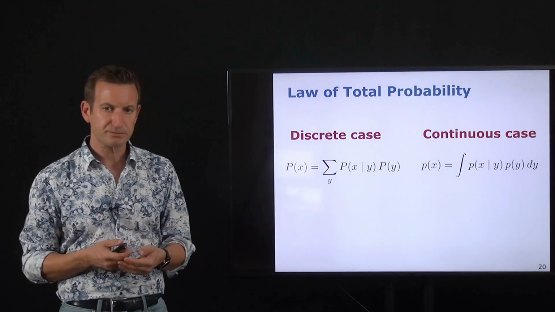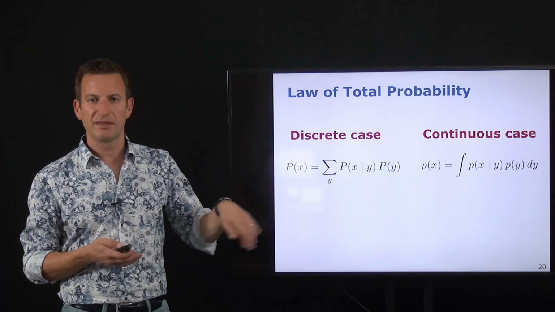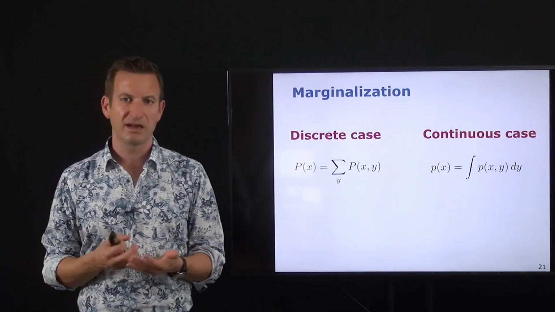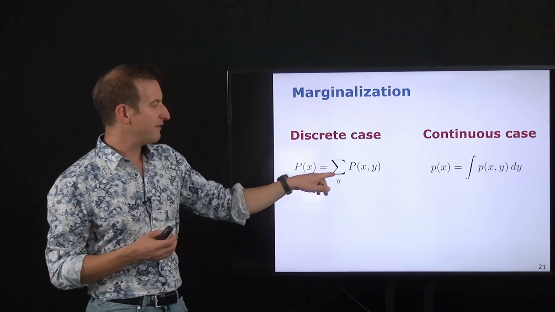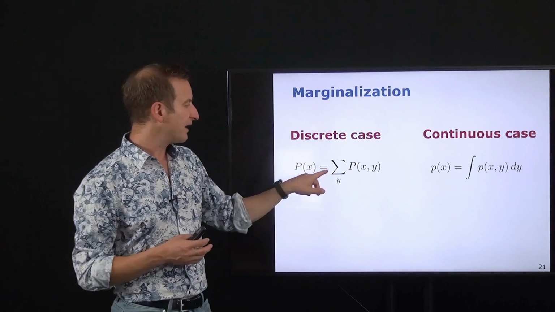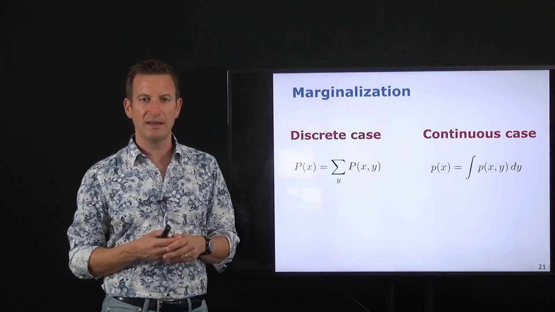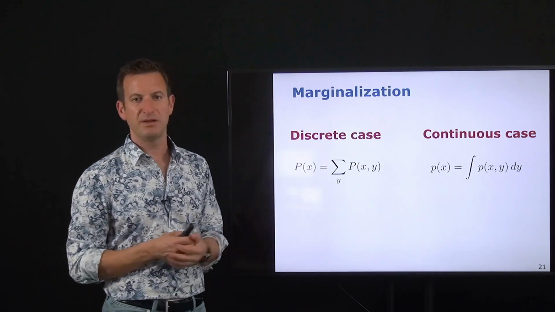Very related to this, combining the previous rule and the law of total probability, we get the so-called marginalization rule. What marginalization means is that if I have the joint probability of variables x and y, and I sum over all outcomes of y, then P of x remains.